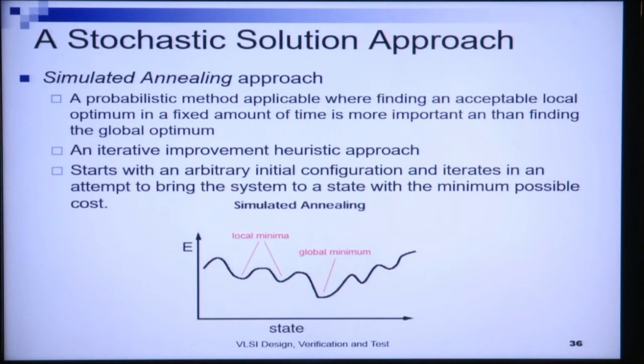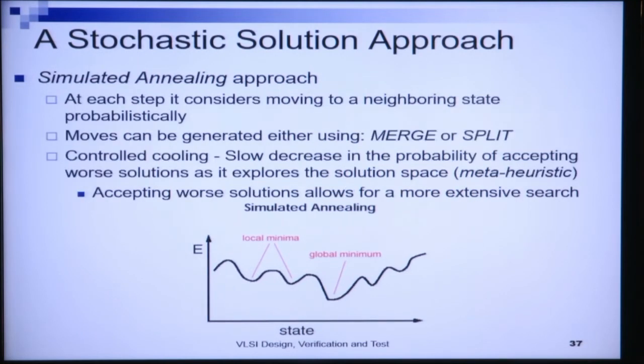It may find a local minimum, but almost always it finds a good solution which may be very close to the global optimum. So it is an iterative improvement heuristic approach, and it starts with an arbitrary initial configuration and iterates over the state space in an attempt to bring the system to a state with the minimum possible cost, let us say in terms of area.